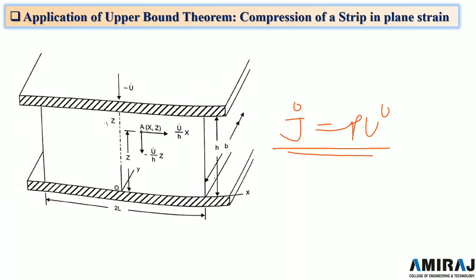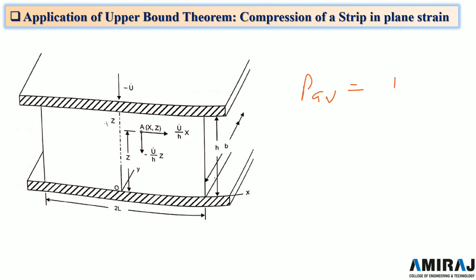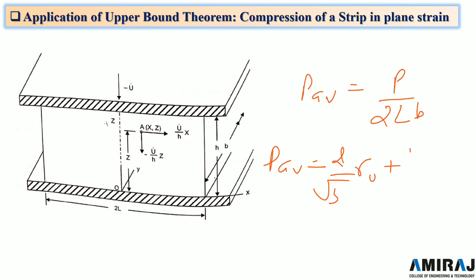The average die pressure P average is determined by dividing P by the contact area, which is equal to 2LB. So P average is equal to P by 2L into B, and P average is equal to 2 by root 3 sigma 0 plus m sigma 0 L by root 3 into H.